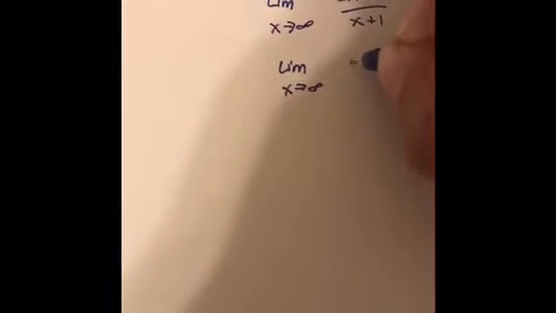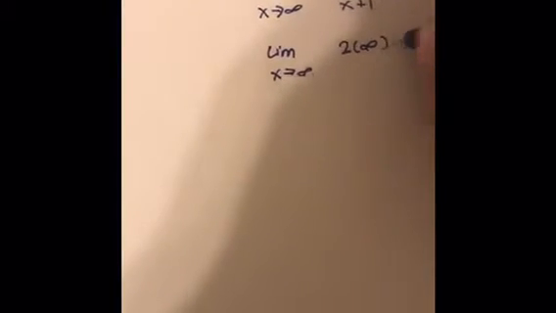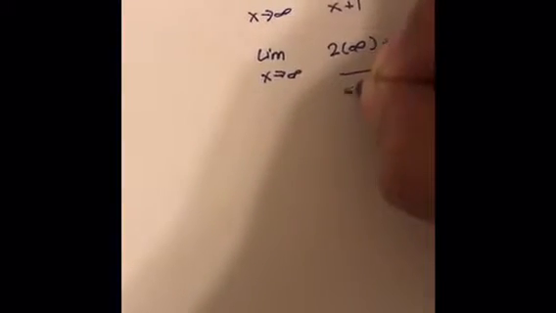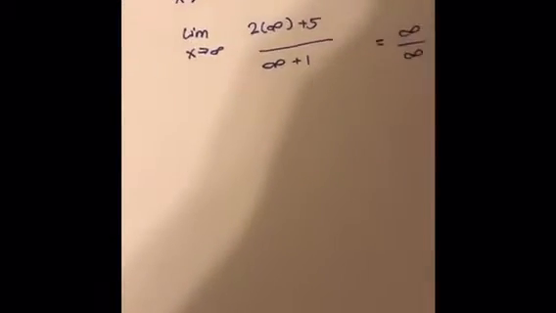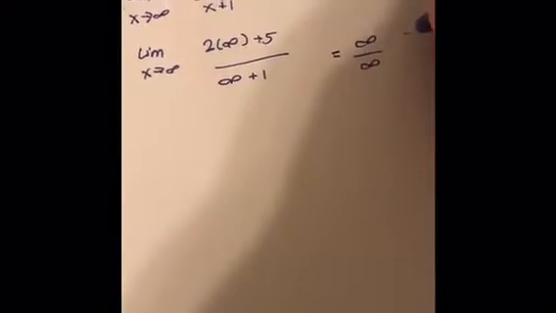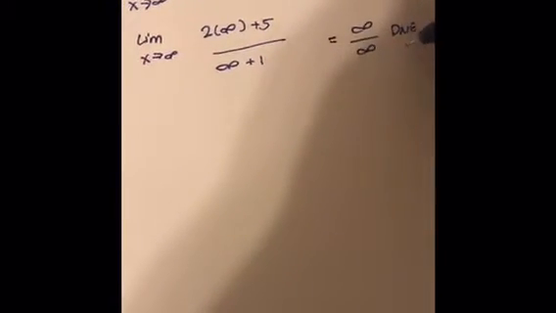The limit as x approaches infinity again, and this would be (2x plus 5) over (x plus 1). If you plug in the infinities, it's 2 times infinity plus 5 over infinity plus 1. Of course, it's going to be infinity over infinity, which would make it undefined or does not exist because it's unbounded.